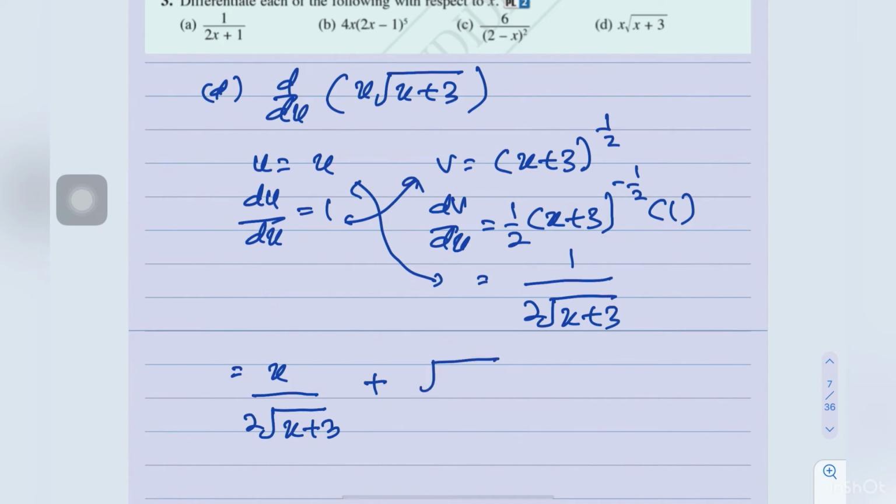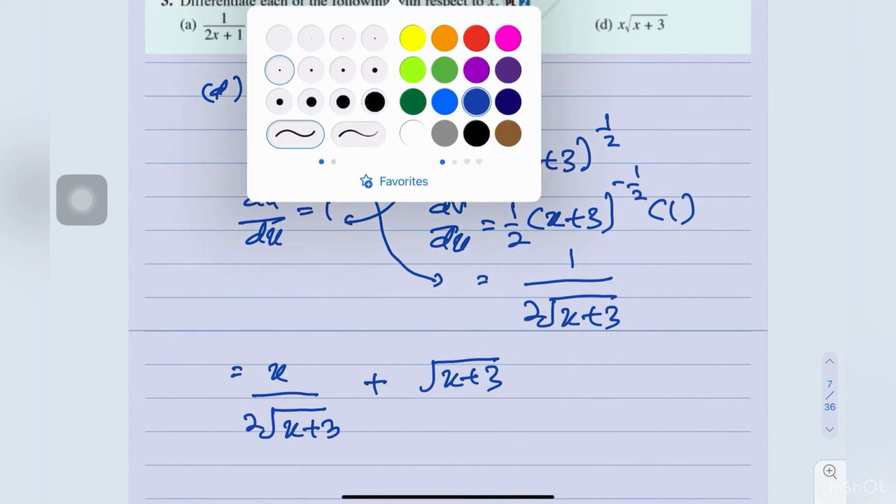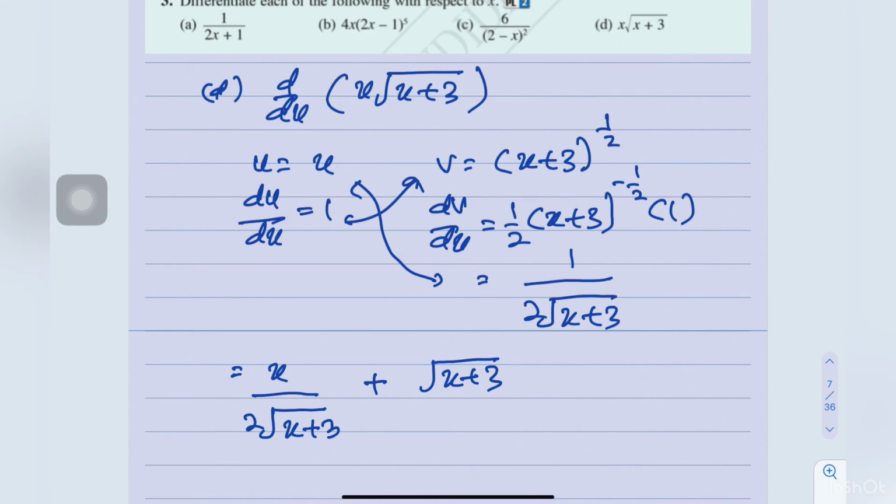So here we have to equate the denominator. The denominator is 2, so times 2 square root of x plus 3 over 2 times (x plus 3).